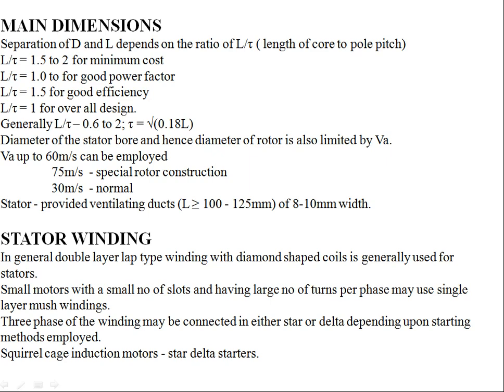So generally L by tau is between 0.6 to 2, where tau is equal to square root of 0.18 L. Okay, so this is what is taken. And then the diameter: the limitation is by the VA, that is the peripheral speed, which will determine the diameter.